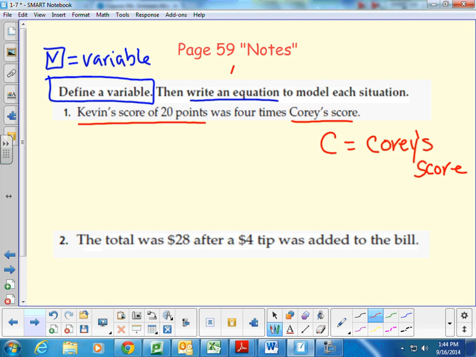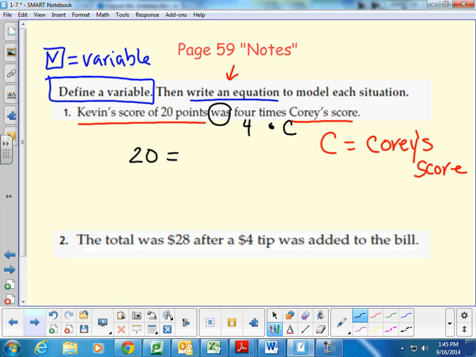Now I can go back and write an equation to model Kevin's score of 20 points was 4 times Corey's score. Again, I see that word was. That means I'm comparing 20 to something else. That is equals. 4 times. I know 4, and I know that's multiplication, and I don't know Corey's score.